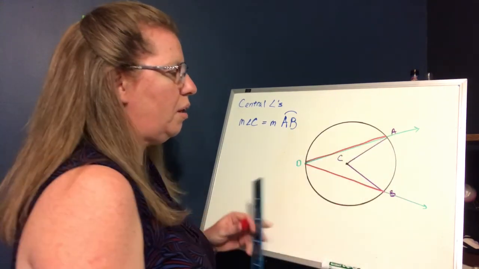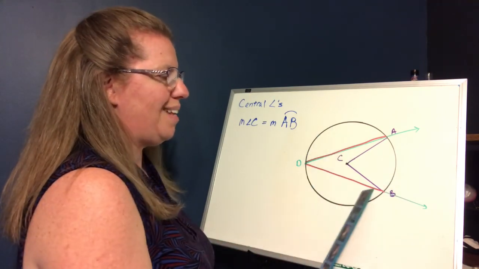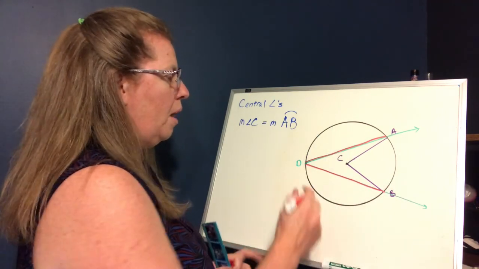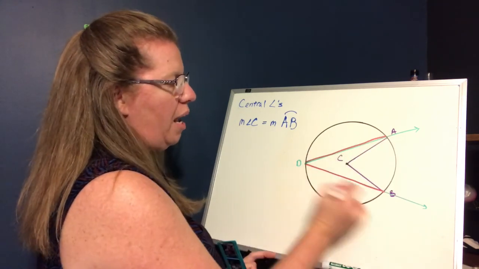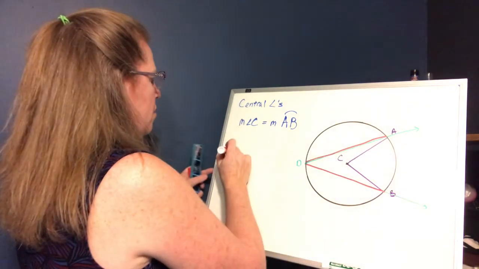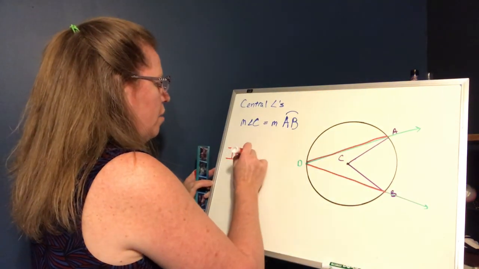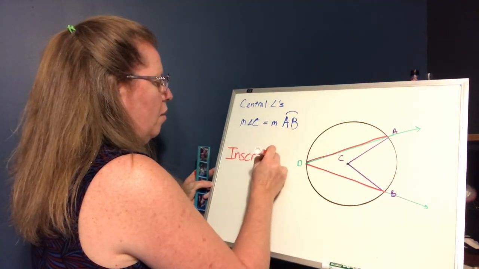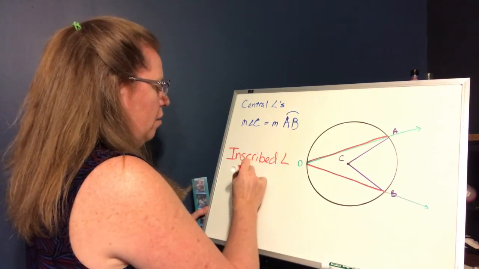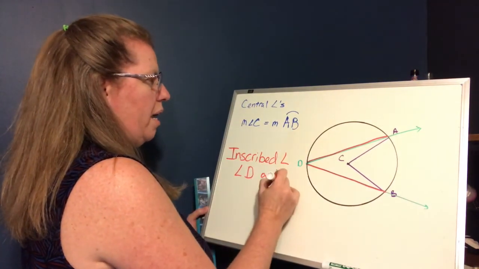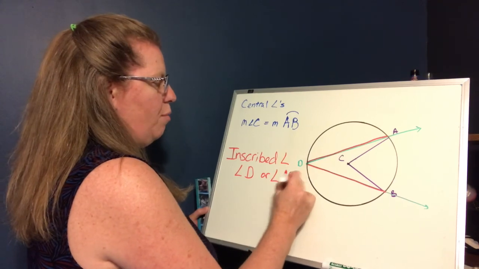So we're really only talking about the part of those 2 rays that is inside the circle. We would call this angle D, and we have 2 chords, DA and DB. So this is called an inscribed angle. Angle D, or we might say angle ADB, either way.